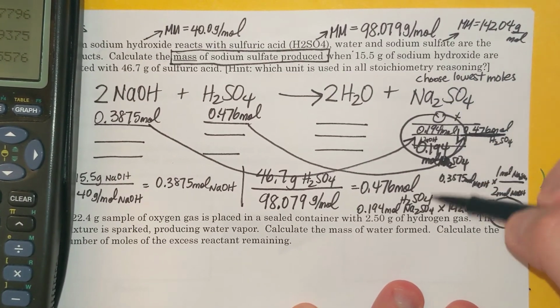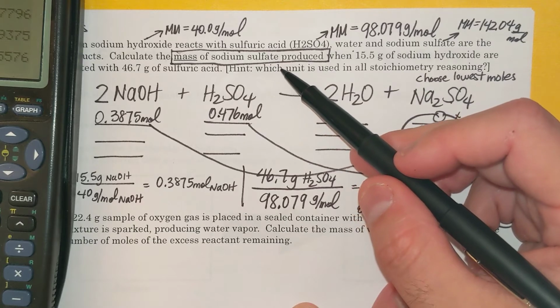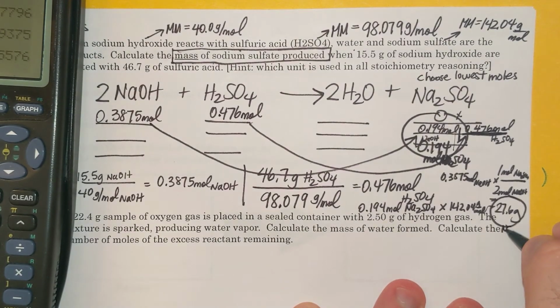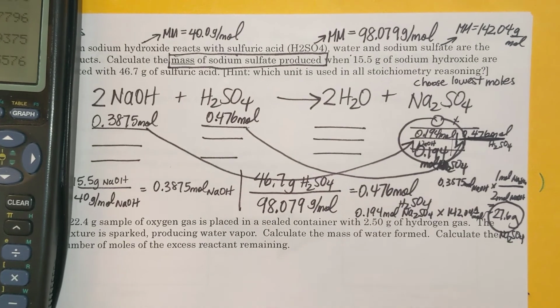Right, so my theoretical yield, or the mass of sodium sulfate that should be produced, is 0.194 moles, and multiplying by the molar mass, that's 27.6 grams of Na2SO4.